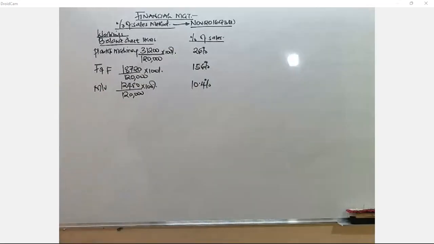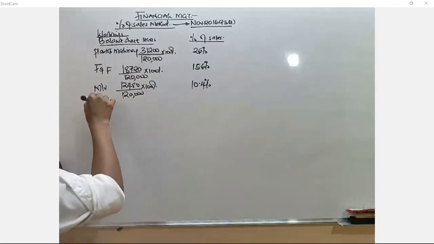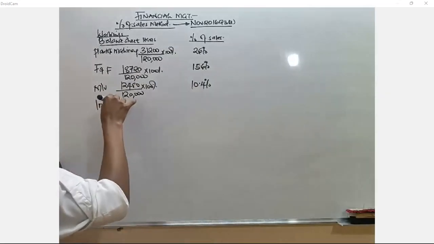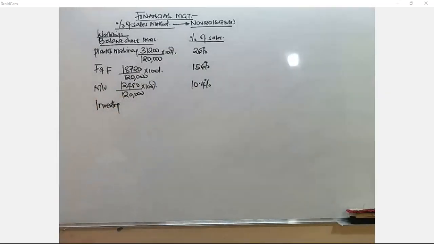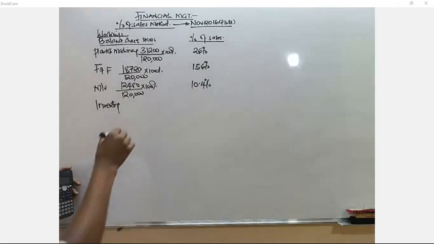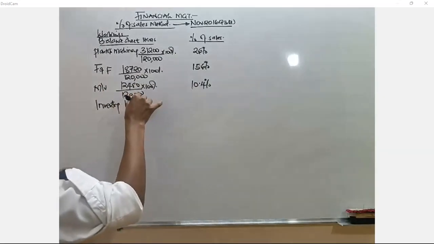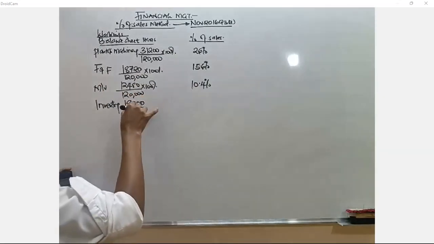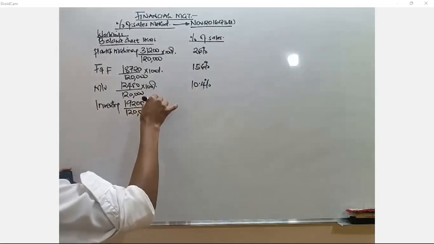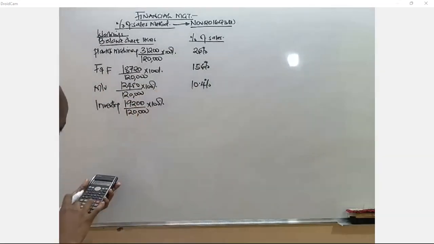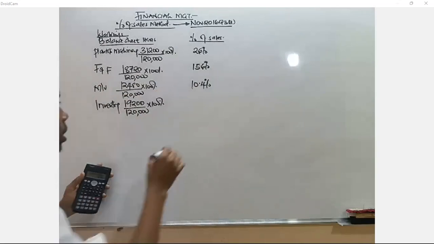Now from there, we proceed to inventory. On the inventory, we are given 19,200. You divide by 120,000 and multiply by 100%. 19,200 divided by 120,000, getting 16%.